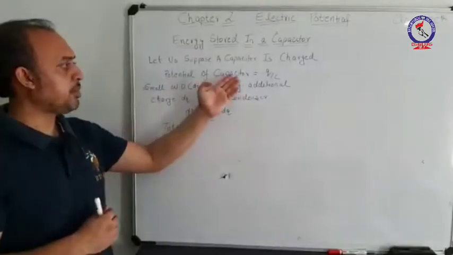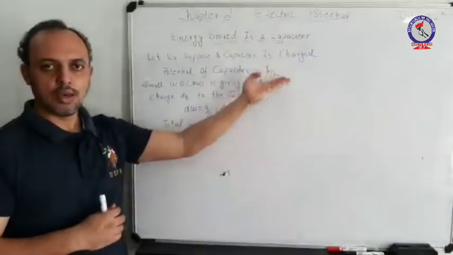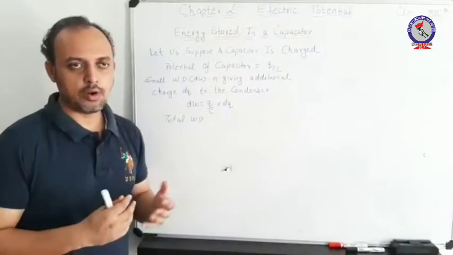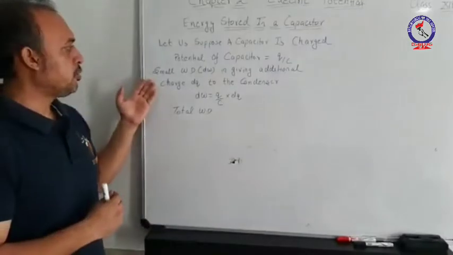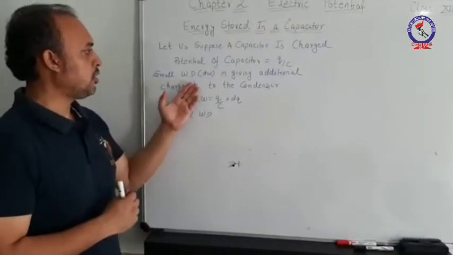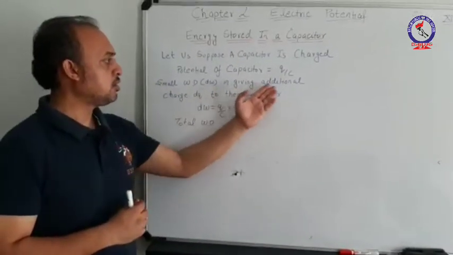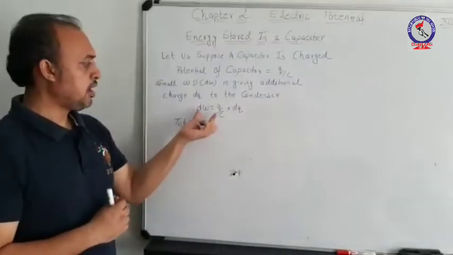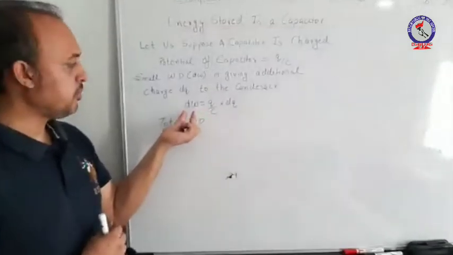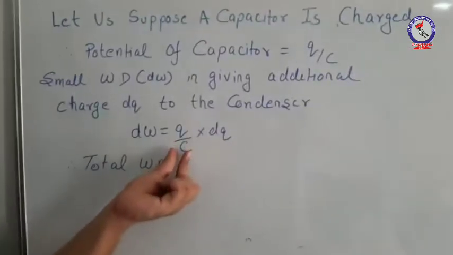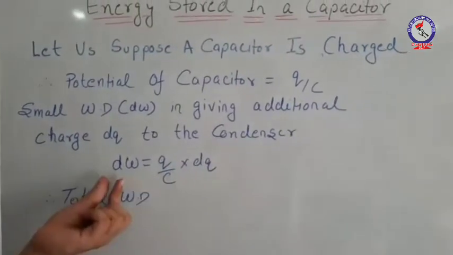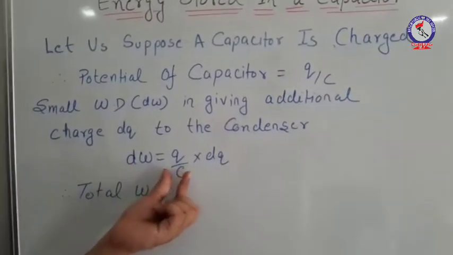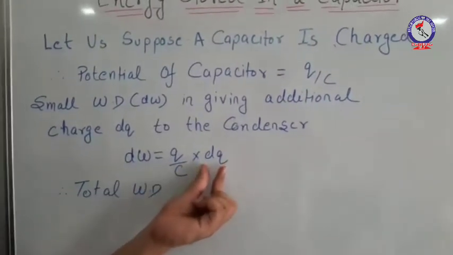The potential of the capacitor will be Q by C. As we have already gone through this expression, let us suppose a small amount of work is done in giving a certain additional charge dq to the condenser. That small work done is expressed as dW equals Q by C into dq, from the concept that work done equals potential multiplied by charge.